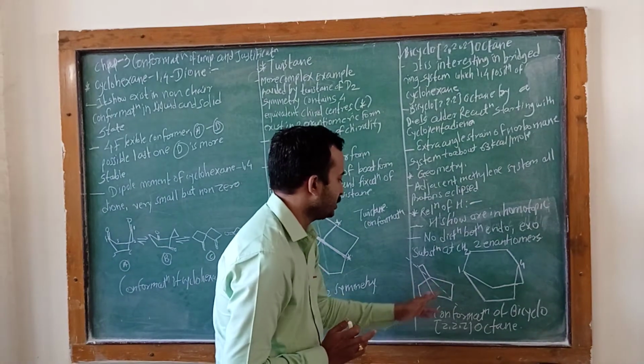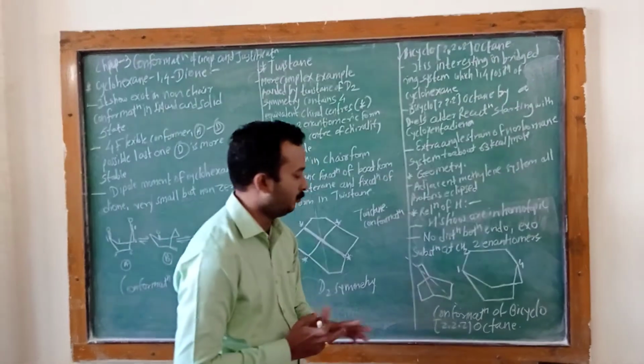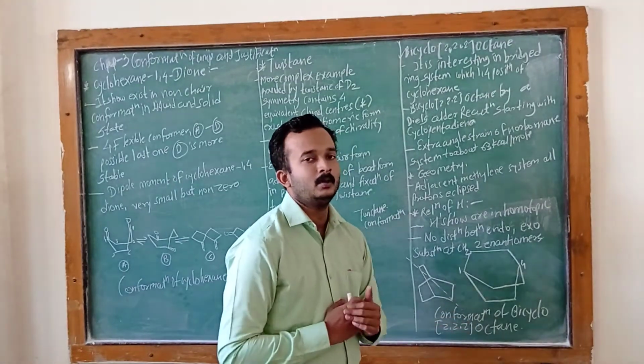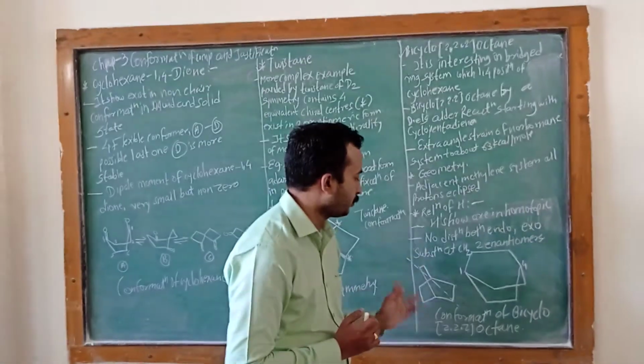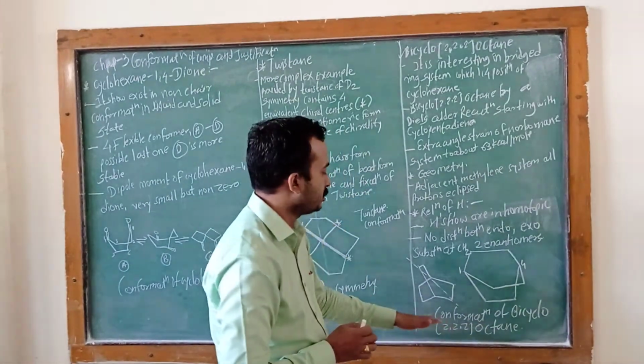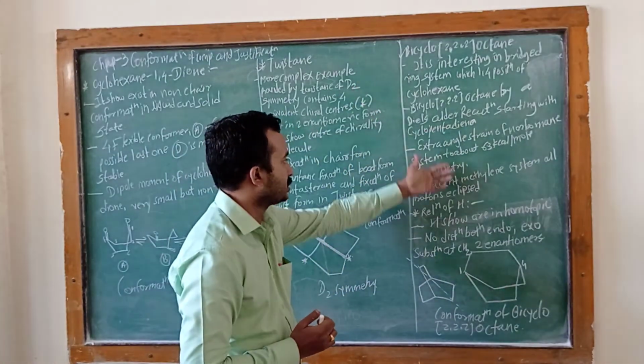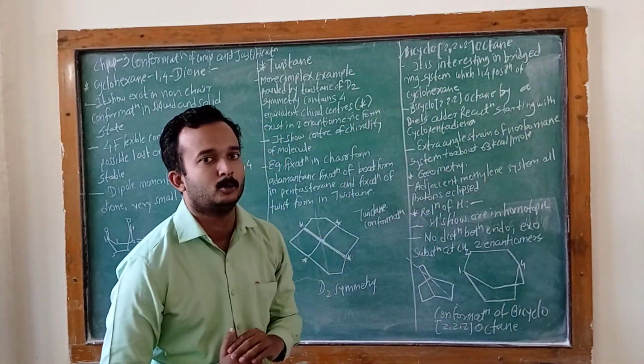It shows two bridge carbons, in the bracket, and the total number of carbons is 8, therefore octane. Okay, this is all about the conformation of bicyclo 2,2 octane and its justification.